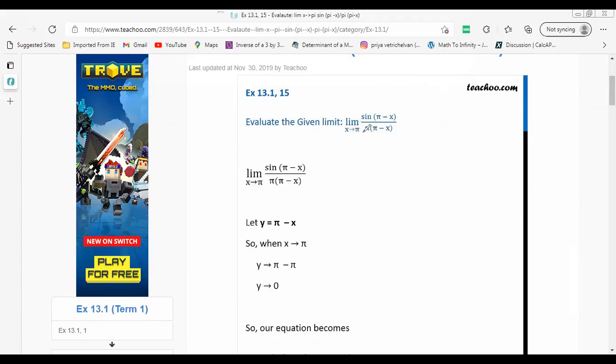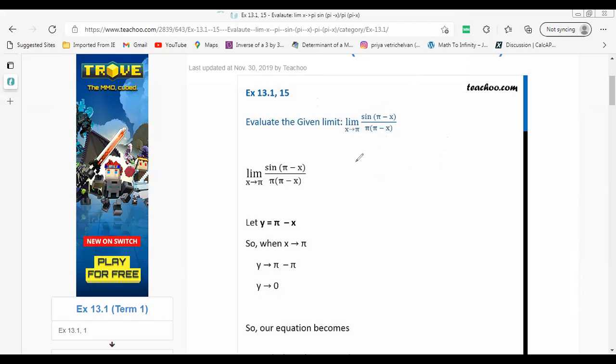So limit x approaches pi, sine of (pi minus x) upon pi times (pi minus x). Now, for the simplification, I'm assuming this expression pi minus x as the variable. You can assume any variable. I'm going to assume this expression as the variable y to make it simple.